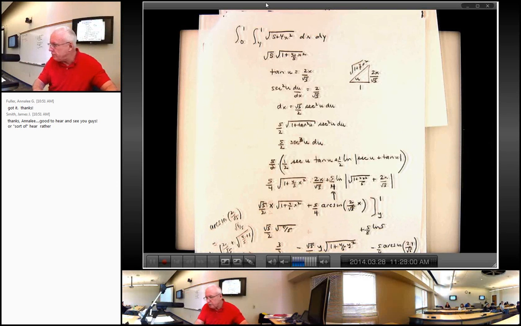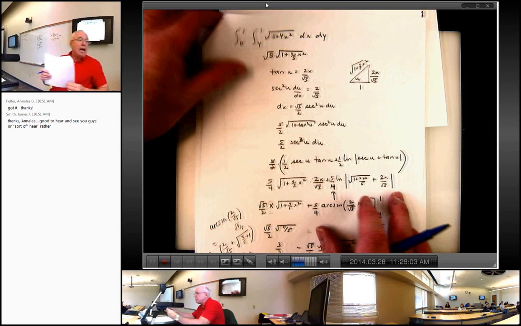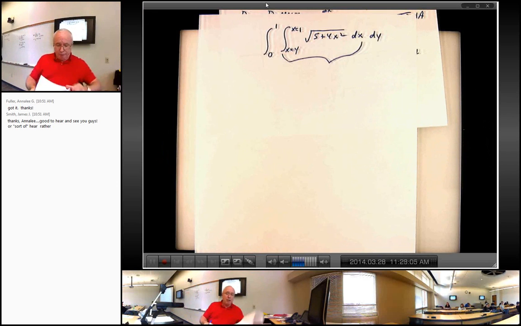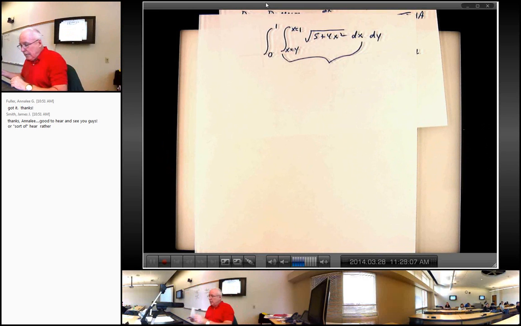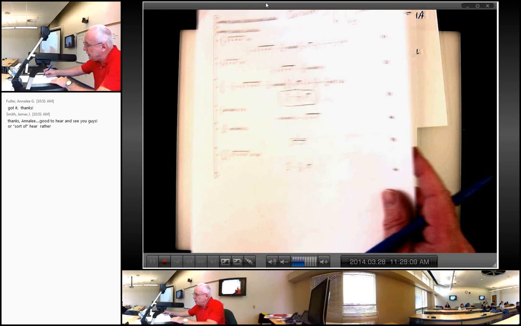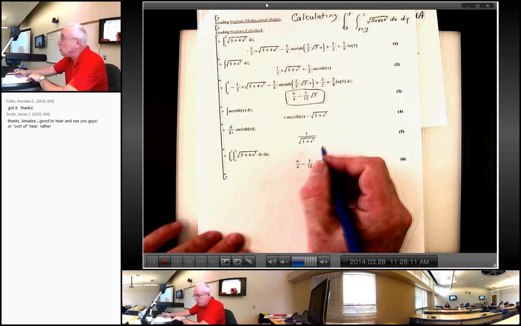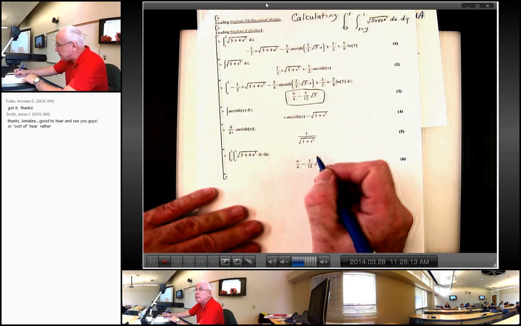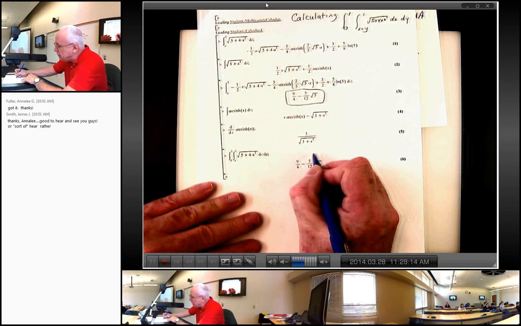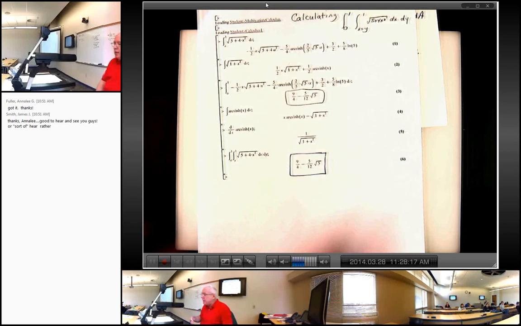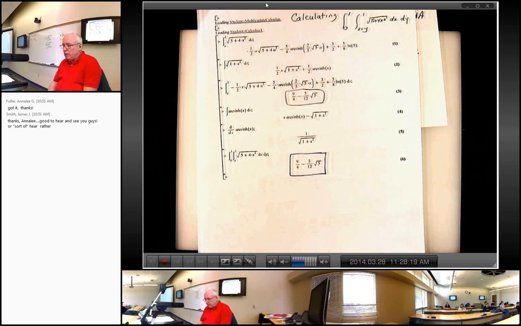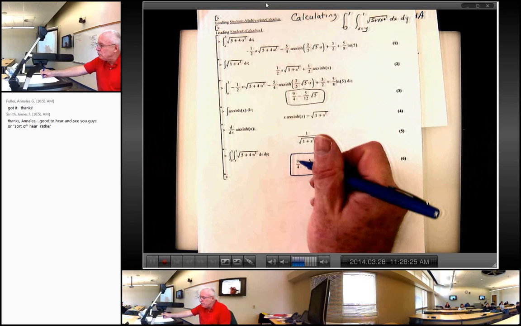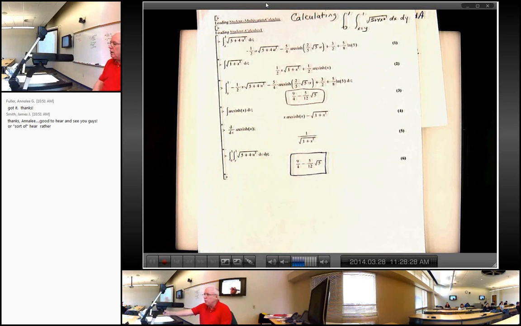Where's my Maple thing? Oh, here it's on the first page. I did this on Maple, and you certainly would hope that you get the same answer that we got, and you do. This is actually the same answer as what we had gotten. They just distribute the 12 and reduce the 27 over 12 to 9 over 4.